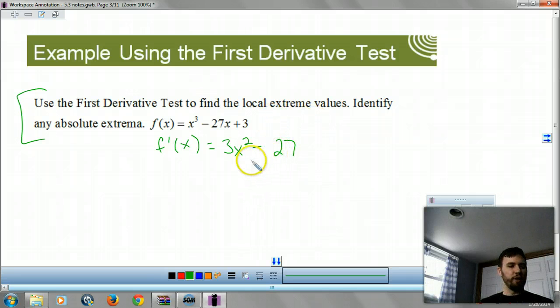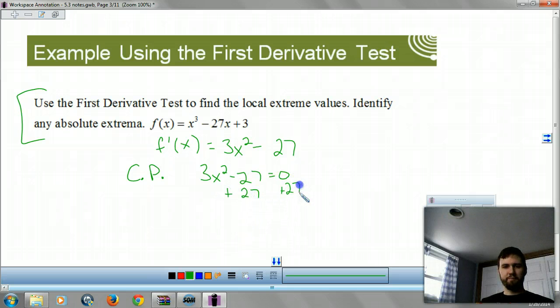Now we have to find critical points. To do that, you take your derivative and set it equal to 0, and then you solve. So we're going to add 27. 3x squared equals 27.